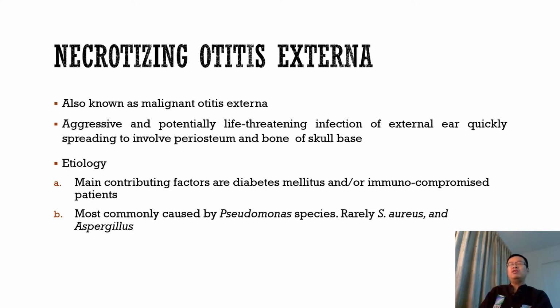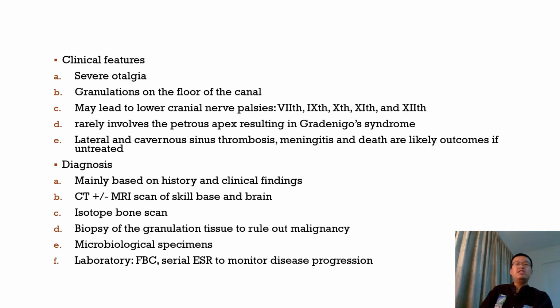Pseudomonas aeruginosa is the most common species involved; Staph aureus and Aspergillus are very rare. Clinical features: severe otalgia. You get granulations on the floor of the canal. You may get lower cranial nerve palsies, and things like petrositis, Gradenigo syndrome, where you get retroorbital pain, sixth nerve involvement, and ear discharge.